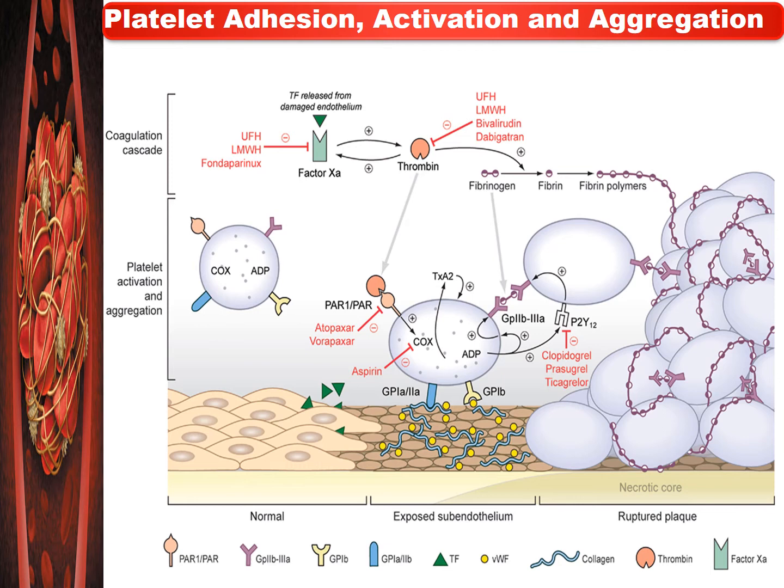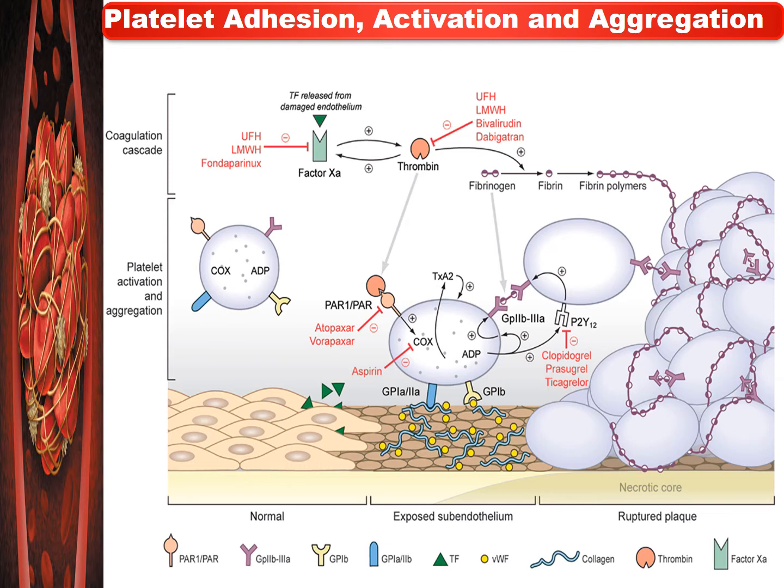The platelet expresses several glycoprotein integrin receptors on its surface. Reactive proteins like collagen are exposed when there is damage to the vascular endothelium, and they react respectively with the platelet GPIa and GPIb receptors. This results in platelet activation and the release of pro-aggregatory and vasoconstrictor mediators like thromboxane A2, ADP and 5-HT.